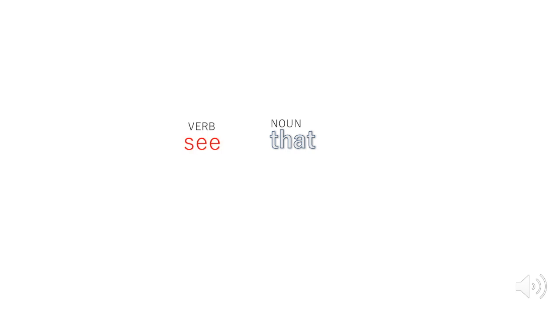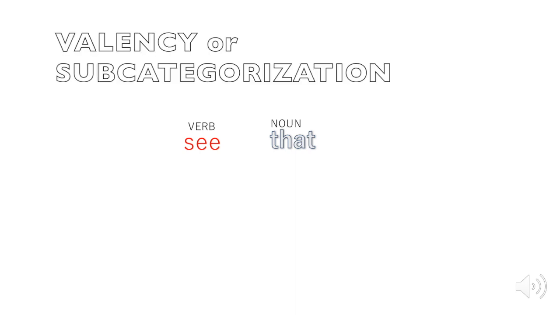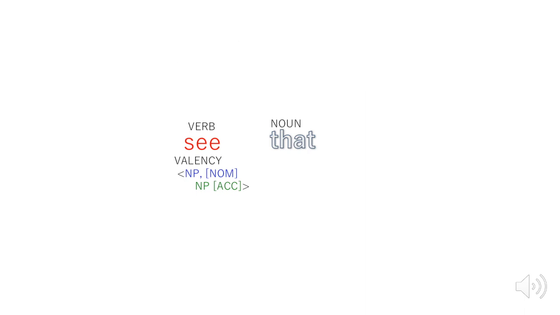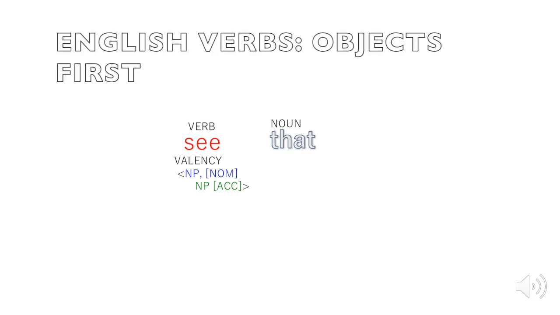And once again, we introduce the noun to a verb, see. And we know that see has valency. It wants two things: a subject, noun or noun phrase, and an object, noun or noun phrase. Verbs in English want to match with objects first.